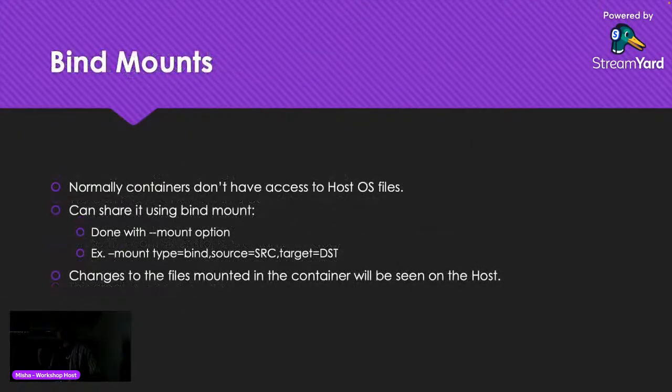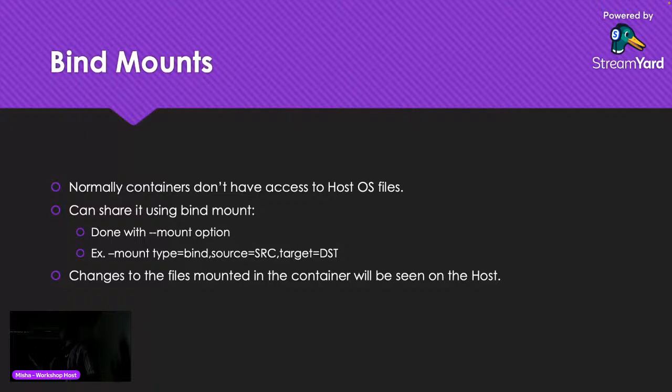So moving on. Normally Docker doesn't have access to host OS files. I didn't expand on this part, but the benefit of virtualization is you can isolate different processes or different machines.